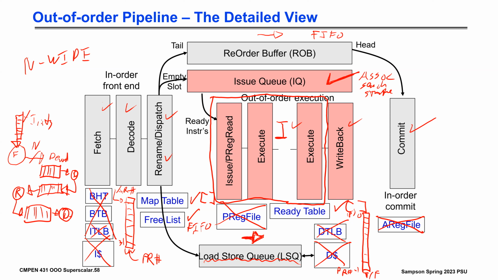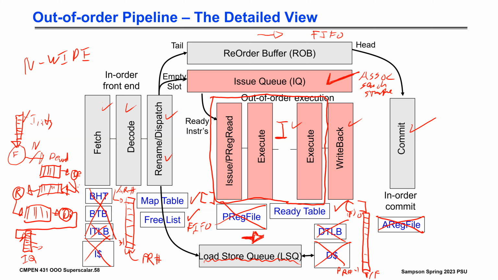It's DE, just for disambiguation. And then dispatch, we're going to send them into, now this is a little bit different, rather than some FIFO queue, we're going to send them into the issue queue, which is a structure that they could be leaving in any order from, right?